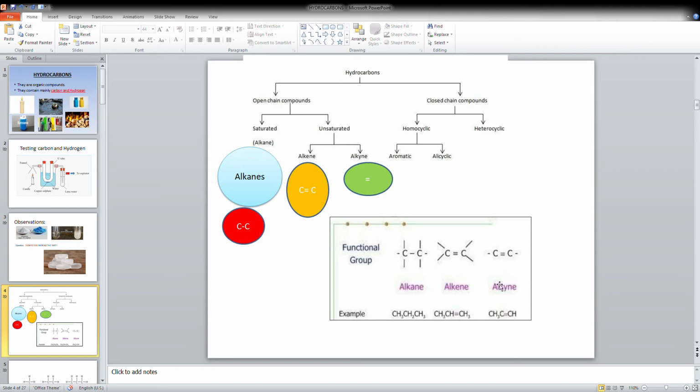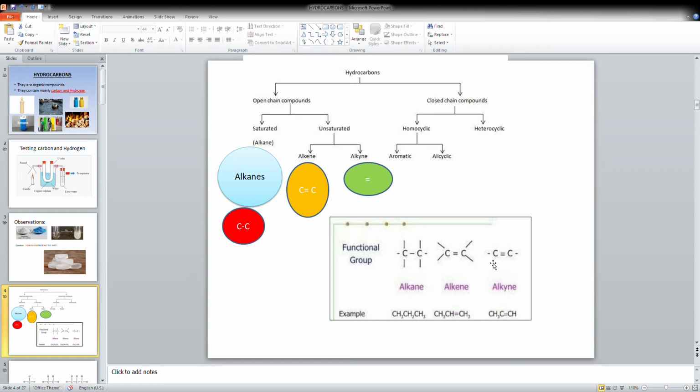And the third one, alkyne, A-L-K-Y-N-E: among the carbon there's a triple bond. Likewise, according to the bond between carbon, you can name them. Again, alkane, alkene, alkyne.